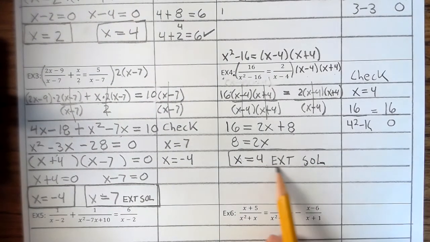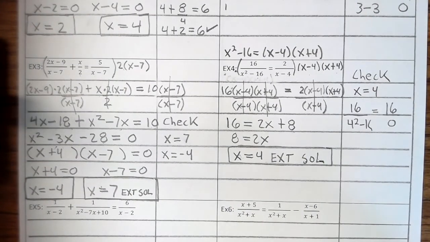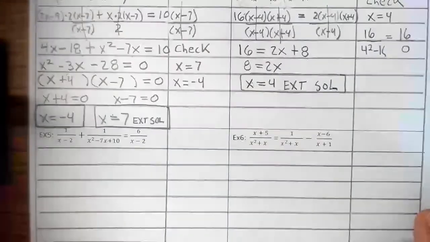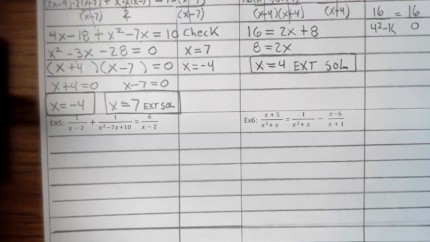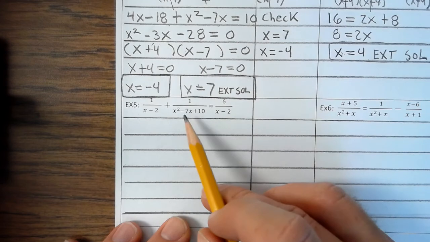All right, let's take a look at example 5. Okay, so here, wow, this looks like a crazy problem. Now, we need to factor x squared minus 7x plus 10 first, okay?